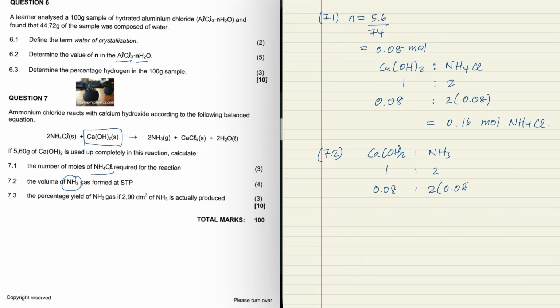So 2 times 0.08, which is 0.16 moles of NH3. Now, since they tell us that this is at STP, we can use the formula n is equal to V over Vm. 0.16 is equal to V over 22.4. That's a constant. So now we can cross multiply. V is equal to 3.58 dm cubed.